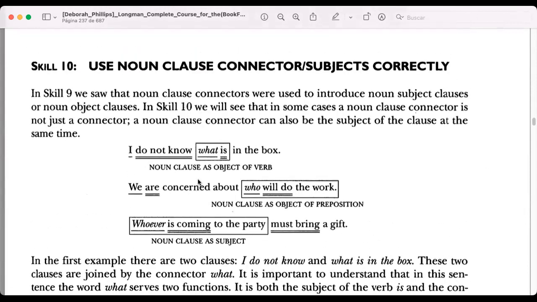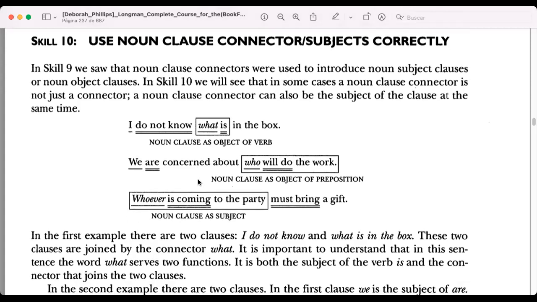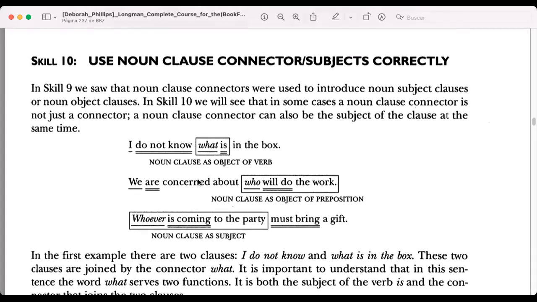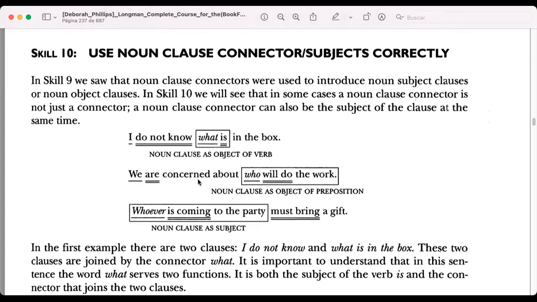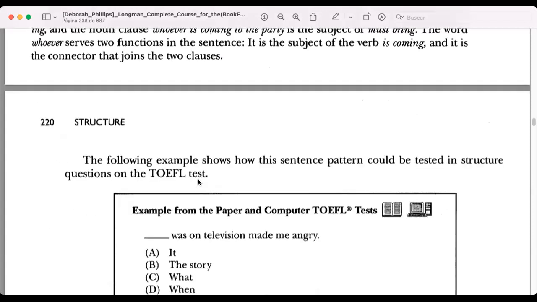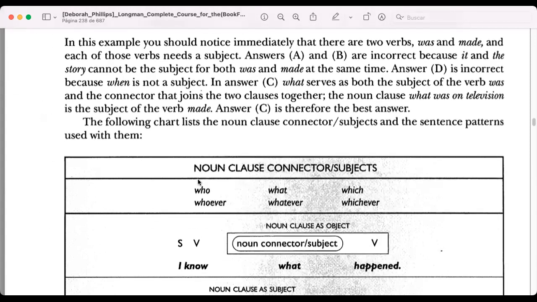Skill number 10 is almost the same as 8, 9, okay? It's about different clauses, okay? Object of a verb, object of a preposition, and a subject, okay? The only thing that we are changing in this one is this part, okay?